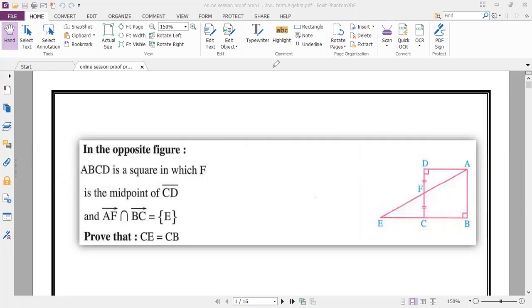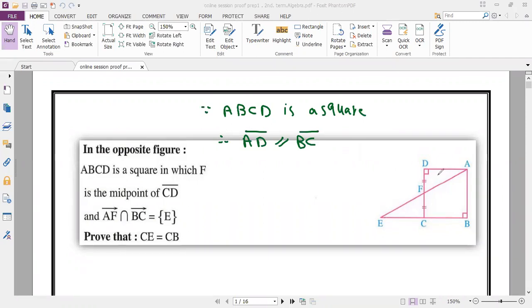Once again, we write here because the shape is a square, since ABCD is a square, then AD is parallel to BC. And also we can say parallel to BE because E is in the extension of BC.